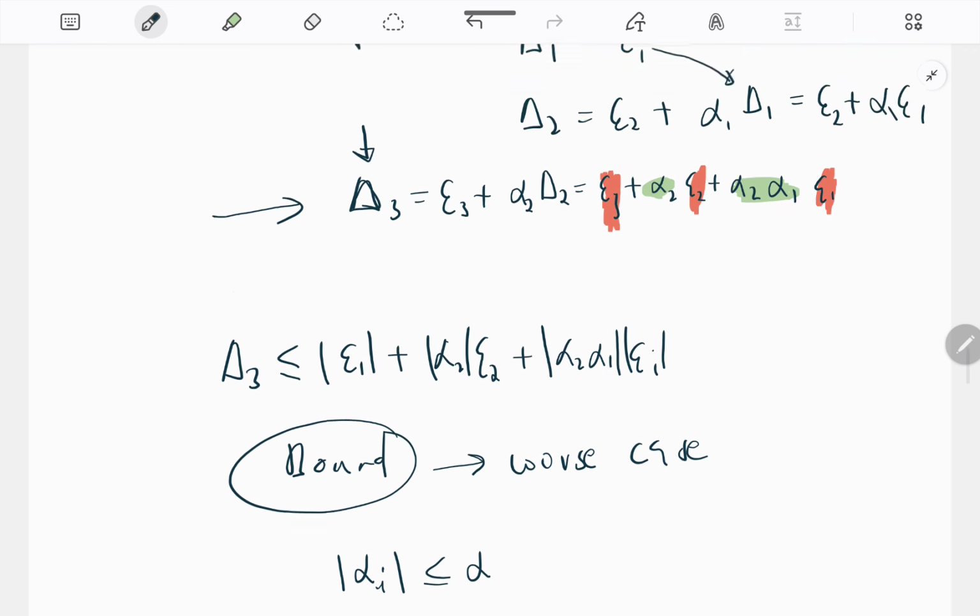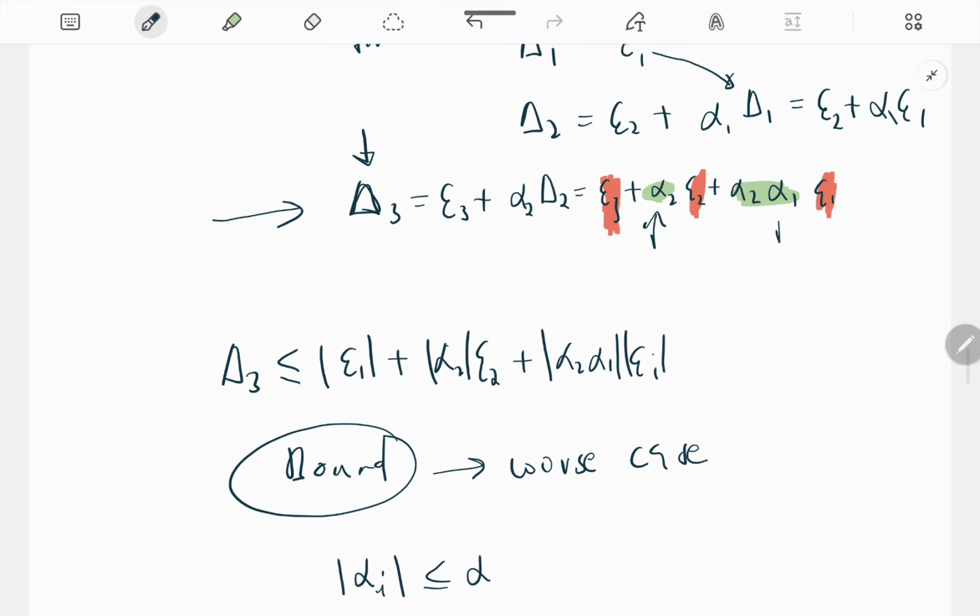That means instead of having alpha 1, alpha 2, we could just have alpha alone, because alpha is a max. Actually, alpha is the max of alpha 1, alpha 2 and alpha 3.